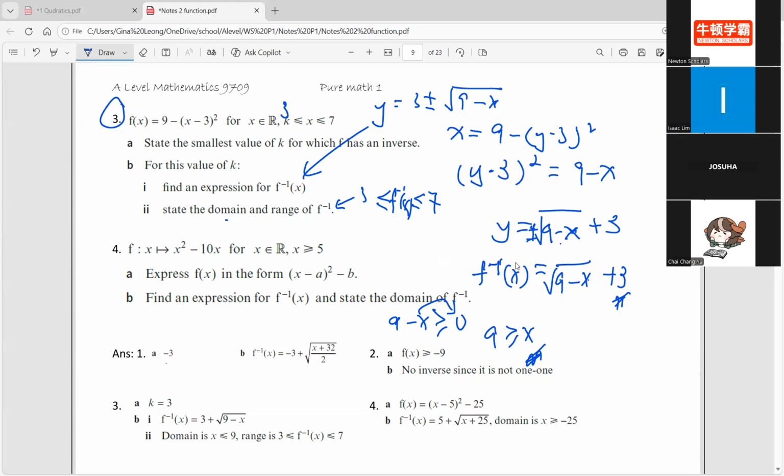You try to get the idea. The range and the domain for the inverse are actually opposite from the original function f(x). So for the range, I can straight away use this one. Then what I need to do is change the symbol here. It becomes f negative 1.